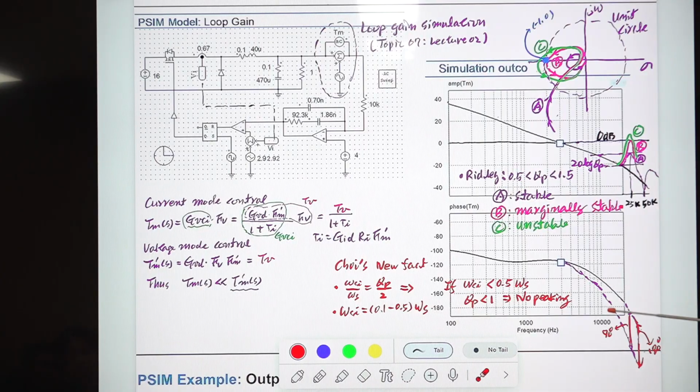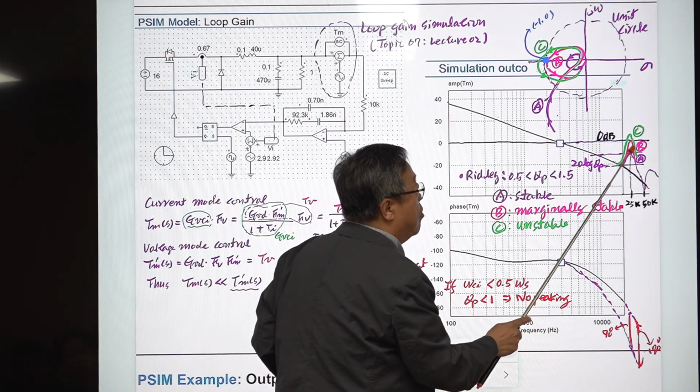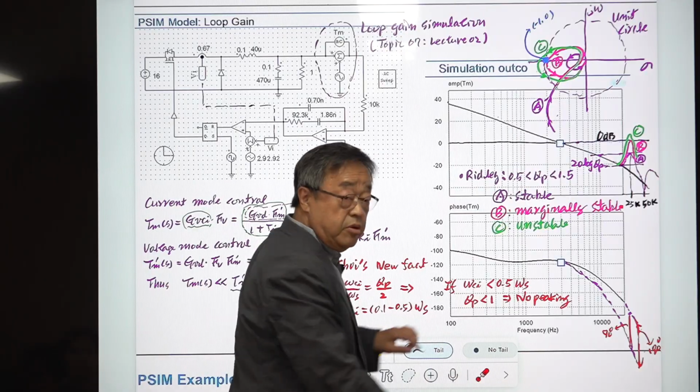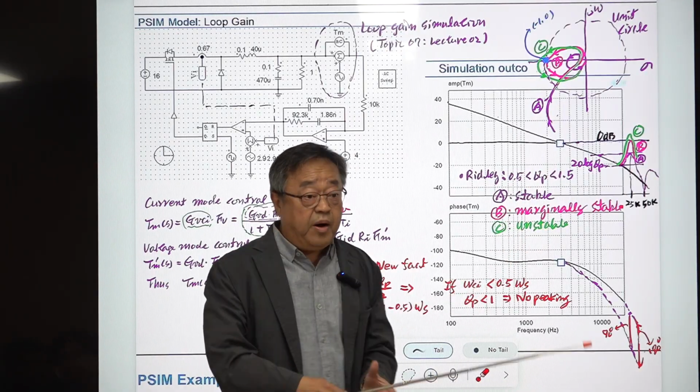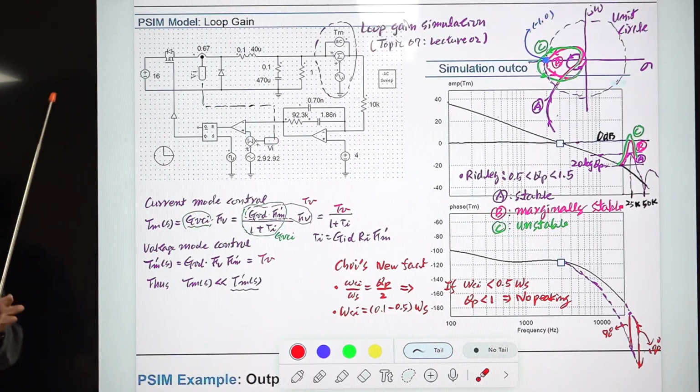Then you have the additional phase delay, and this additional phase delay is the same as the prediction of Middlebrook's modulator model. Okay, somehow the sampling effect is a combination of this new finding of Ridley and the old knowledge of Middlebrook. Somehow they are mixed up. So people got confused. I got confused. I don't know why it happens.